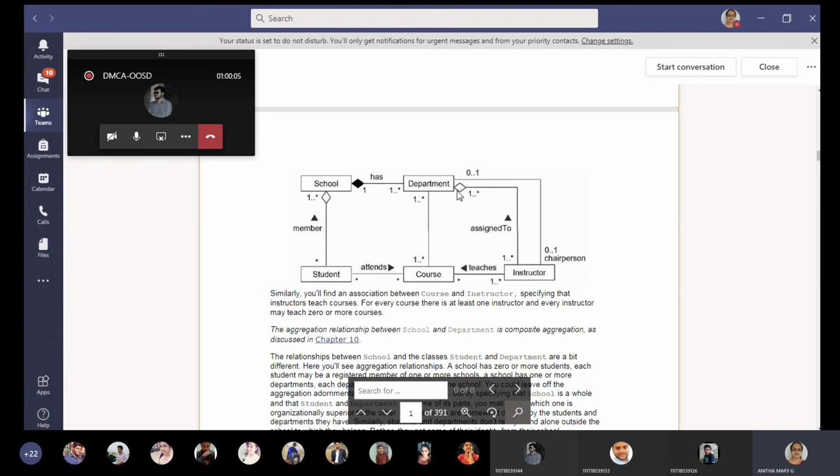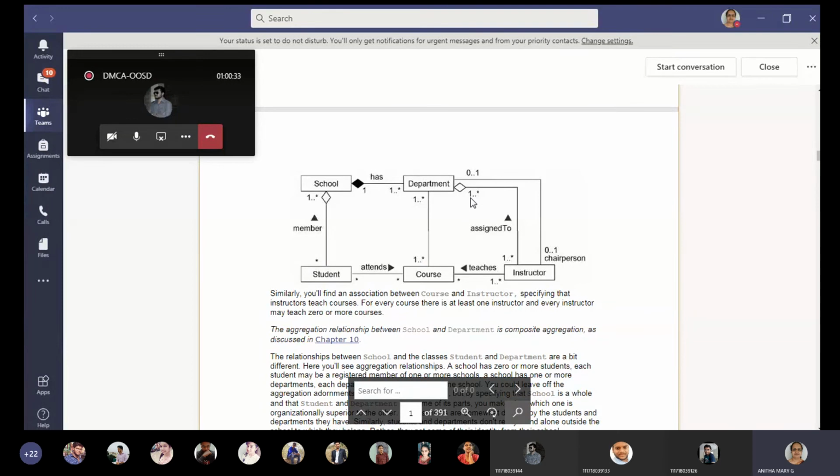A whole-part relationship we show as aggregation. And instructors are assigned to a department. Every instructor is assigned specifically to a department. Later they may teach in any other department, but when they are appointed, they are assigned to a particular department. And one or many instructors may be assigned to one or many departments.